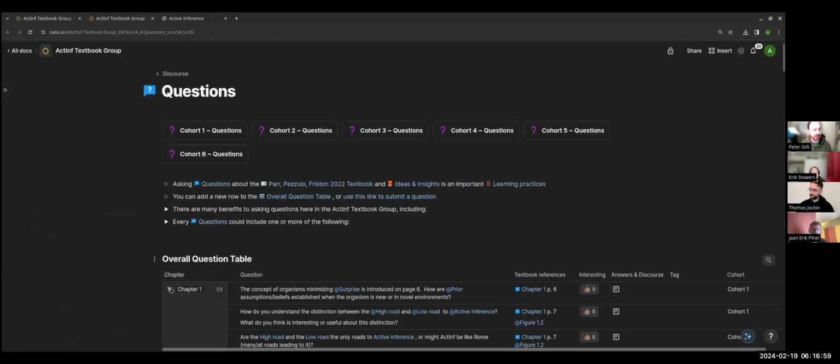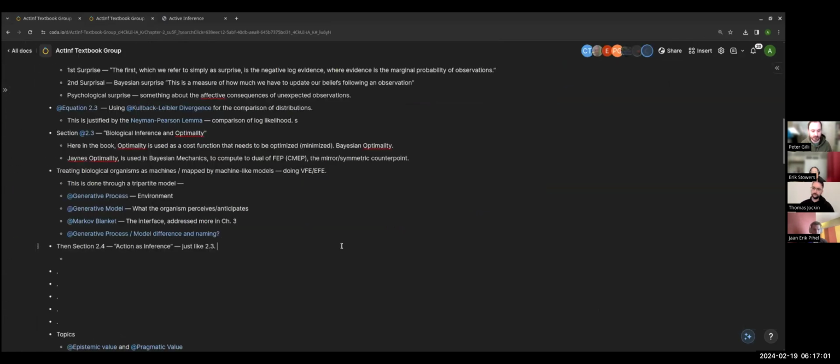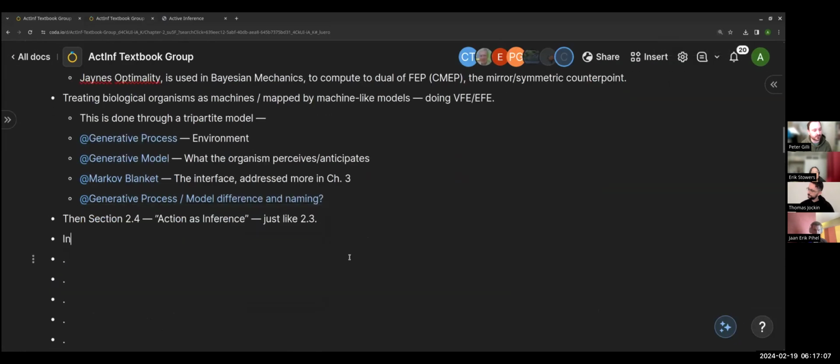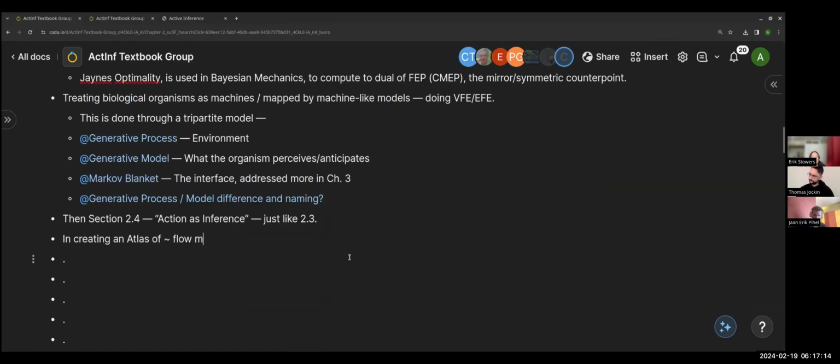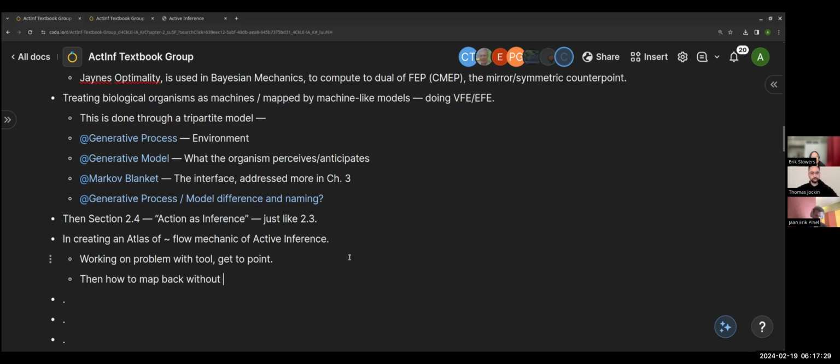I have a question in terms of self-assessment. In terms of creating almost like an atlas, if you're utilizing a flow mechanic in terms of active inference, so if you're in a state where you're working on a problem, for example using a tool, and you've arrived at a certain point, how do you then map back without consciously interrupting your flow state?